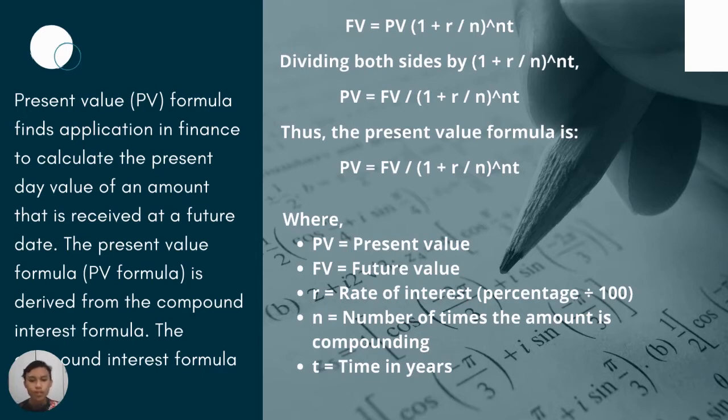So what is the meaning of PV, FV, r, and t? PV is present value, FV is future value, r shows the rate of interest, which is percentage divided by 100, n is the number of times the amount is compounded, and t is time in years.